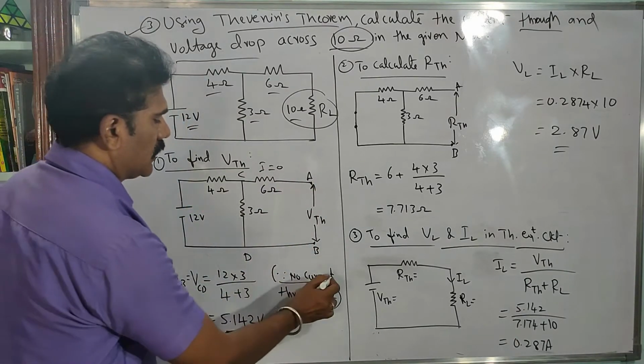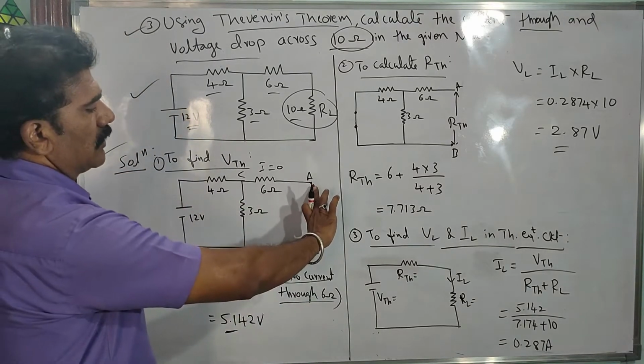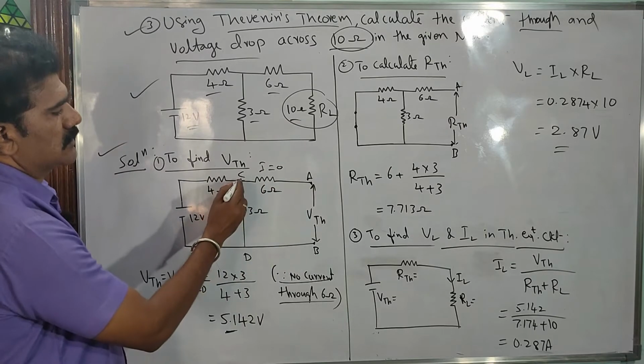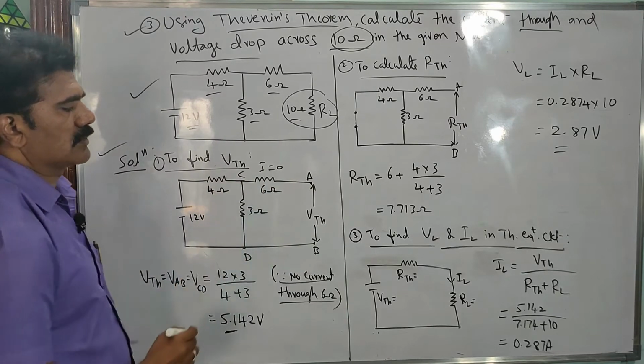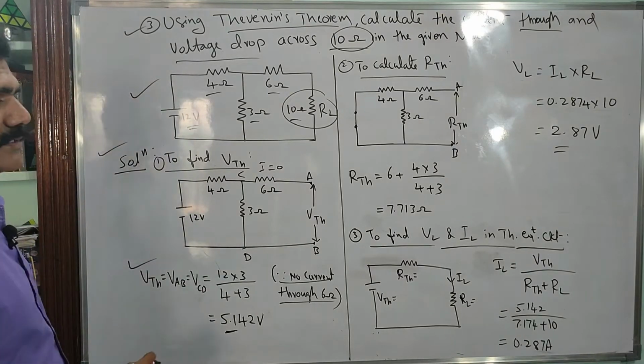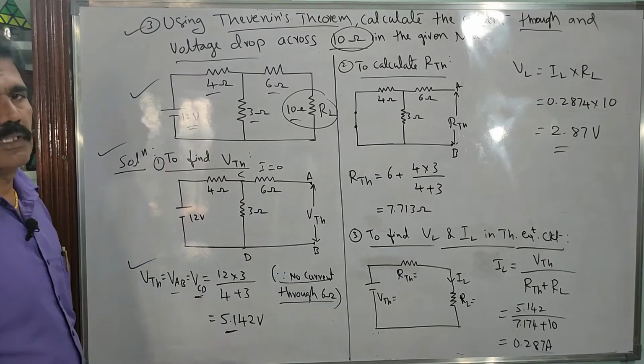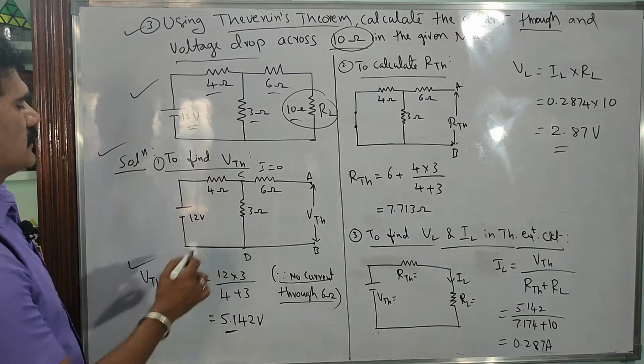So the voltage drop across A and B is nothing but the voltage drop across the terminals C and D, that is, across the 3 ohm resistor. Therefore you should write VTH is equal to VAB, which is also equal to V across the terminals CD.